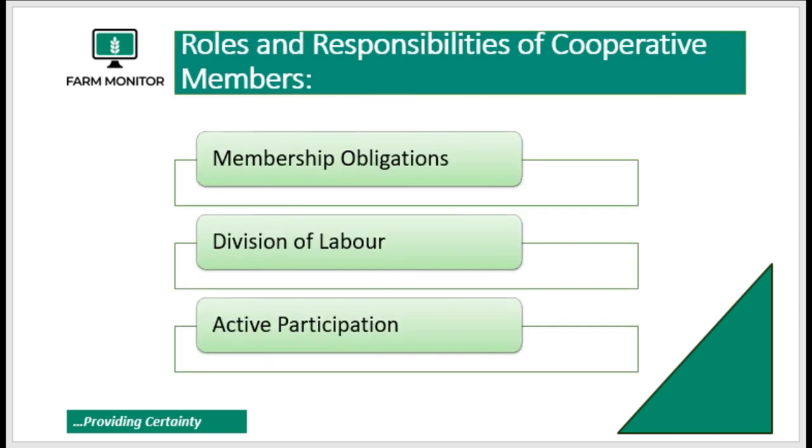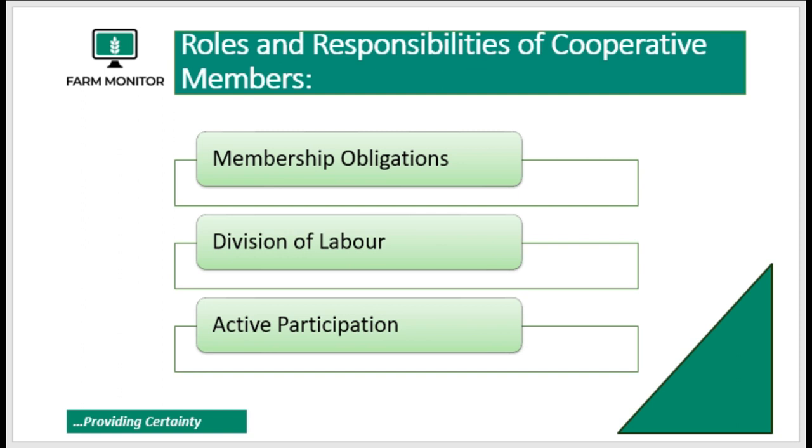Let's look at the roles and responsibilities of cooperative members. Members have obligations and they must fulfill their obligations. If you are supposed to pay dues or levies, or carry out certain tasks, either as assigned or collective, you must fulfill your obligations.